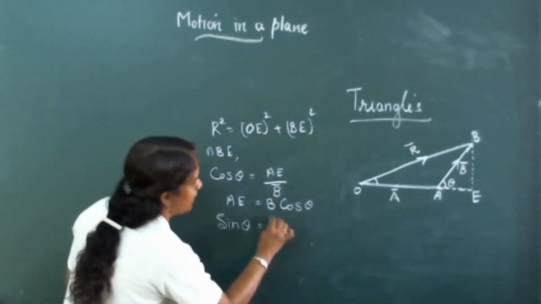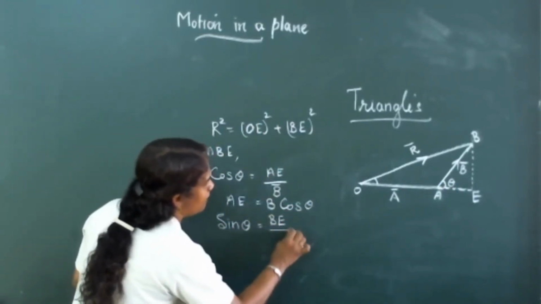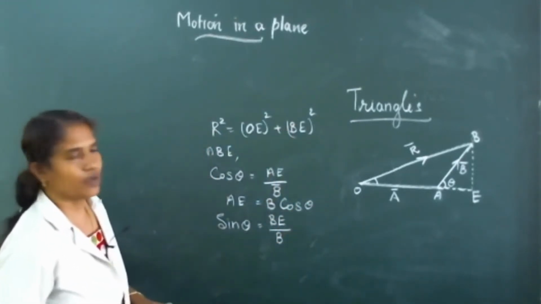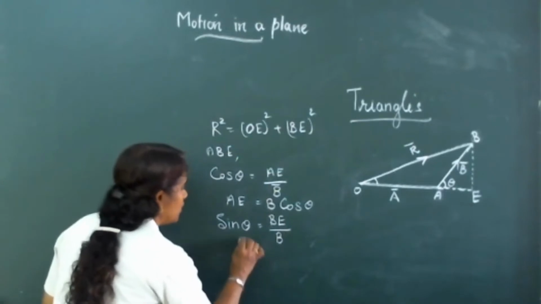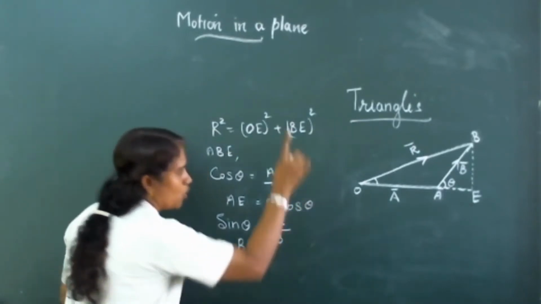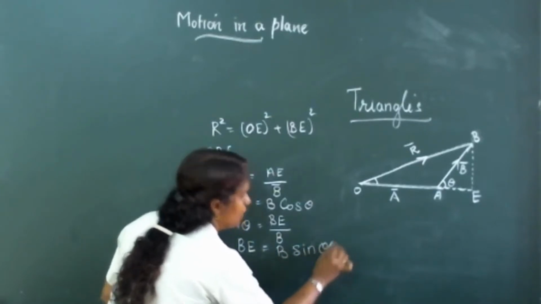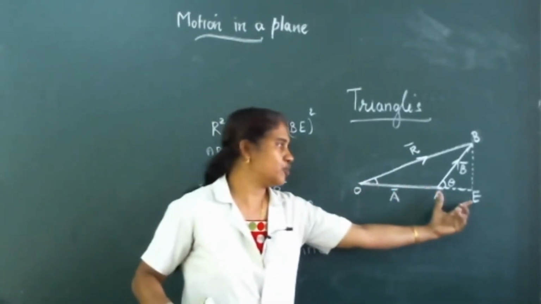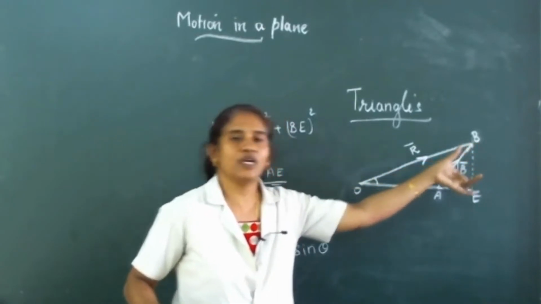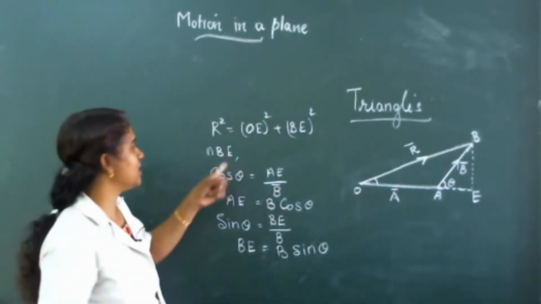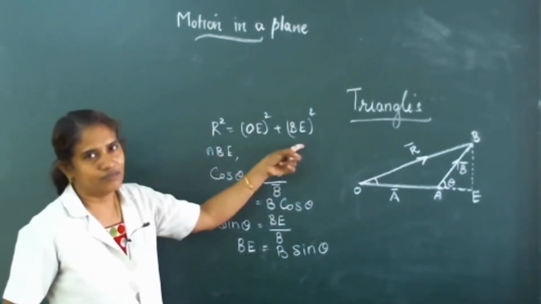So sin theta means opposite side BE divided by hypotenuse, that is B. So the unknown altitude BE is equal to B sin theta. So you can see AE is equal to B cos theta, BE is equal to B sin theta. By knowing those distances, we can complete it, right?